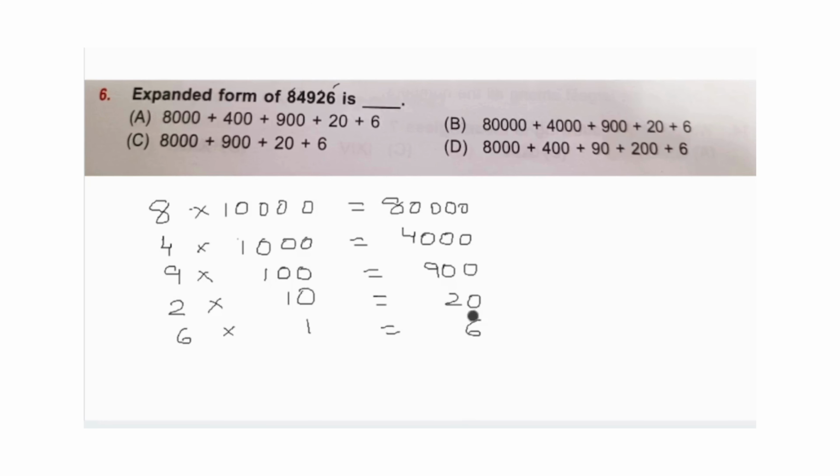Now to find the expanded form, we need to add each of these: 80,000 plus 4,000 plus 900 plus 20 plus 6, which gives us the correct answer, which is option B.